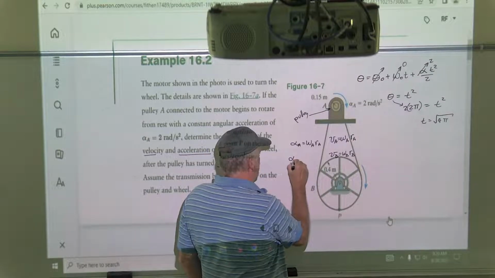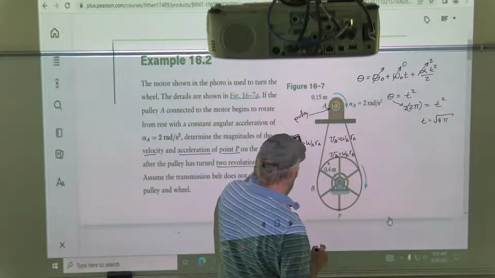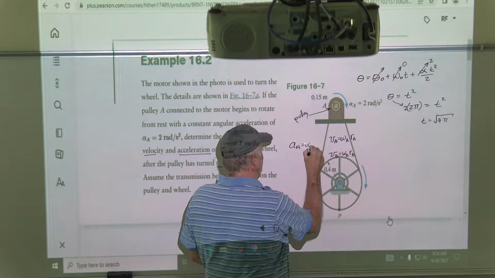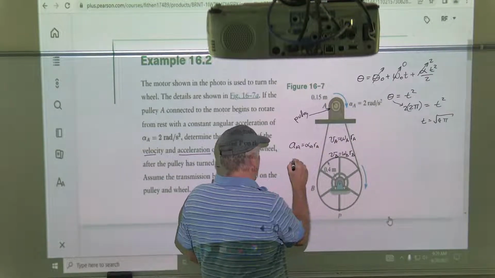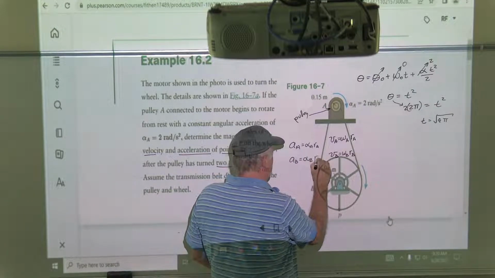So what I'll do, alpha B is equal to... I got that written wrong. Acceleration A is equal to alpha A, RA. And acceleration of B is equal to alpha B, RB.